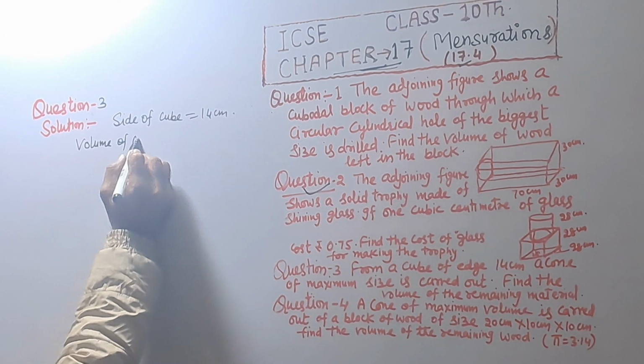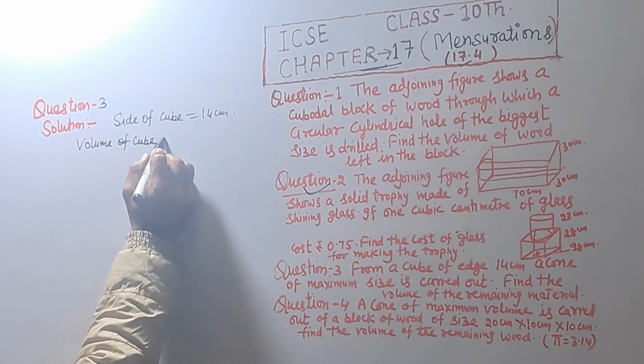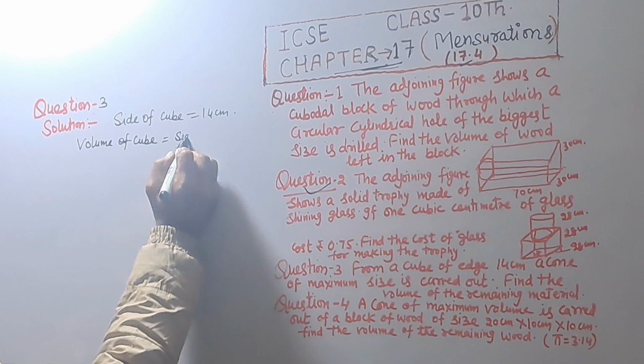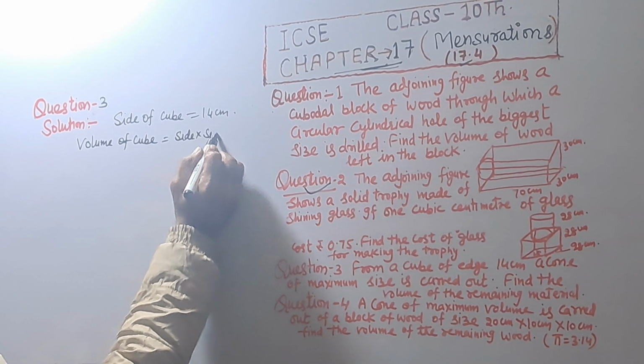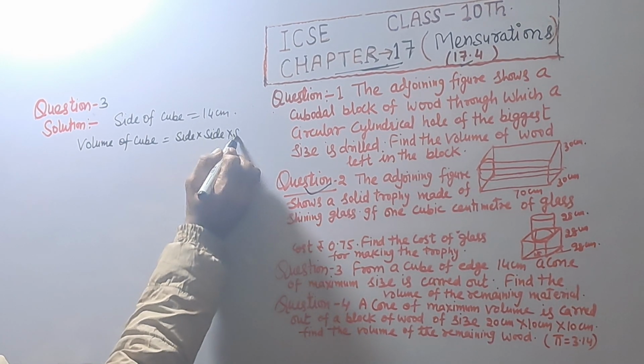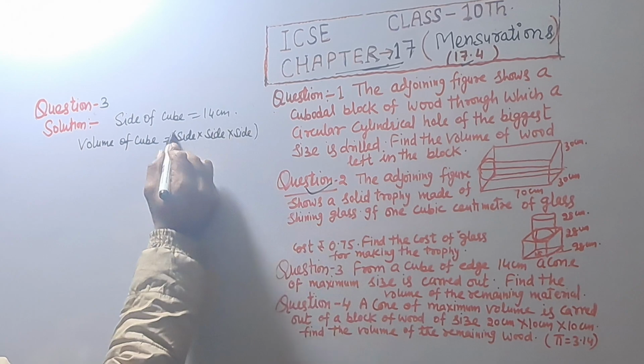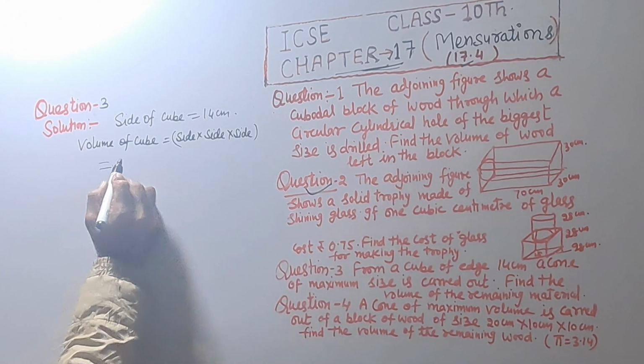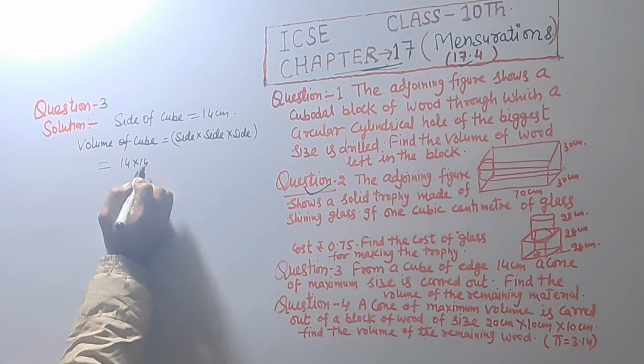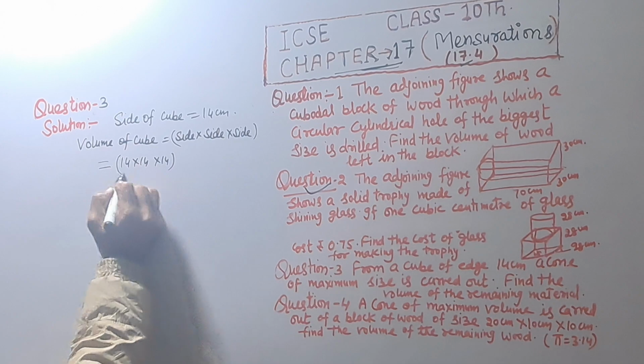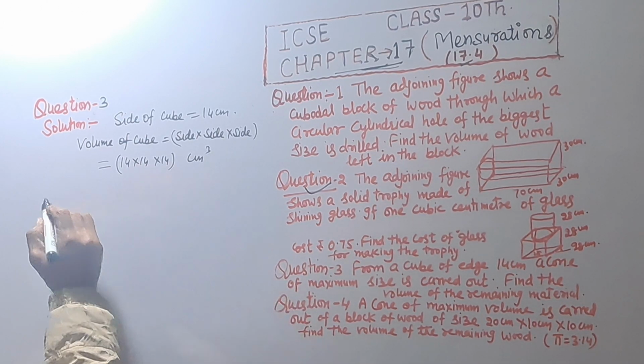Volume of cube is equal to side into side into side, that is 14 multiplied by 14 multiplied by 14 centimeter cube volume.